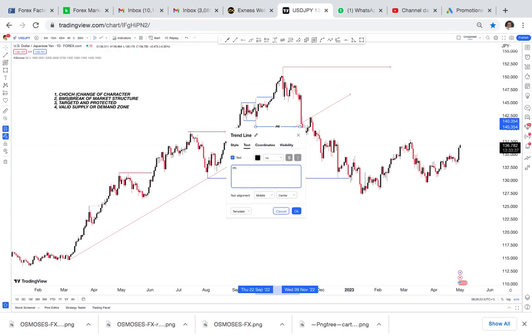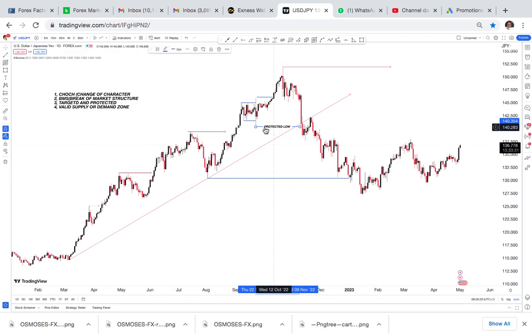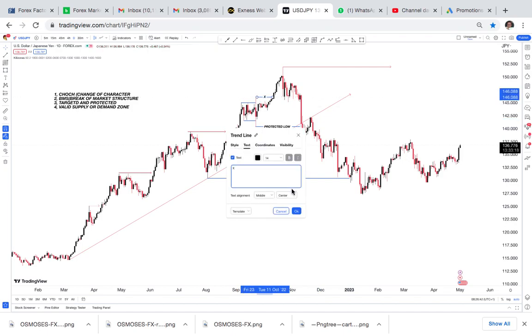So I write protected under it. If price should break this low, then the price has changed. That's when I will turn this from protected low into a Choch. I will assume this place is liquidity that has been taken.